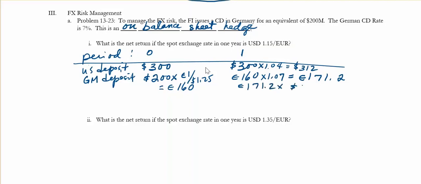And then if the dollar appreciates and the euro depreciates to $1.15 per euro, that would be equivalent to $196.88 million.